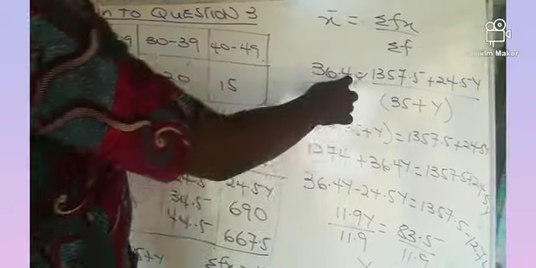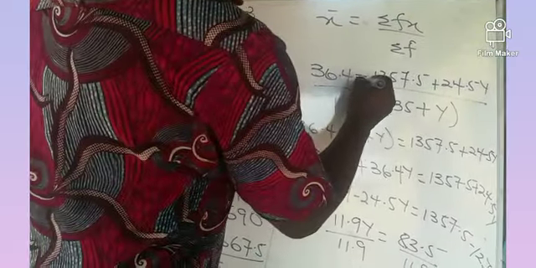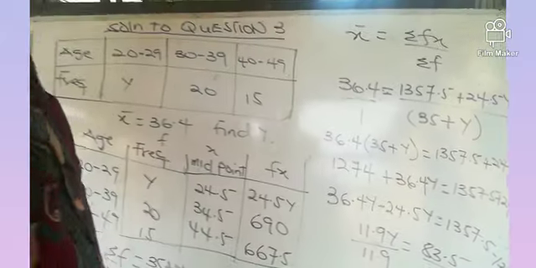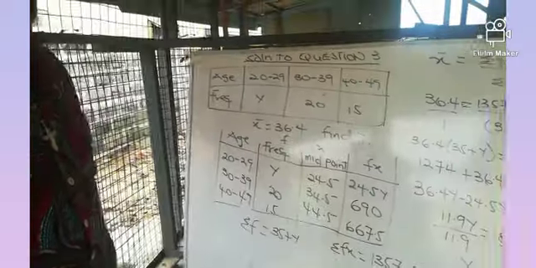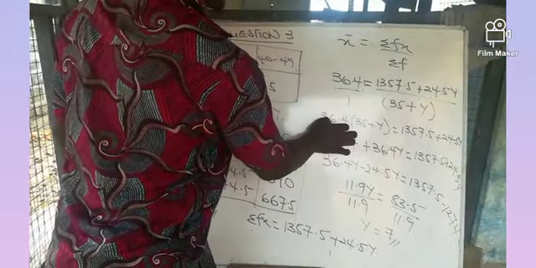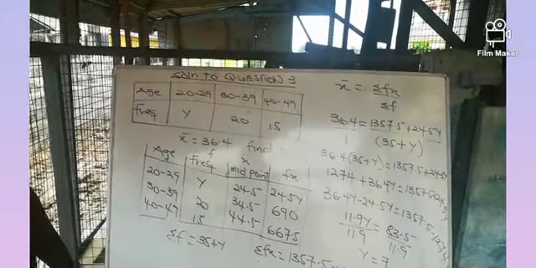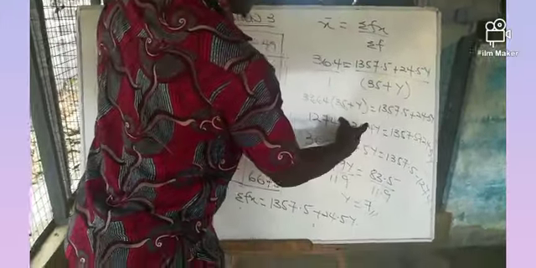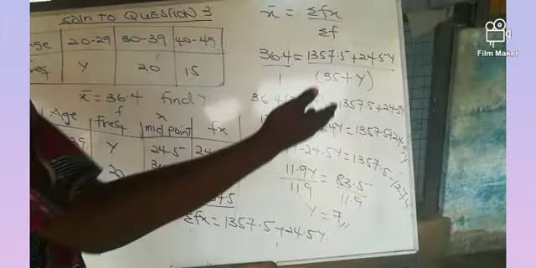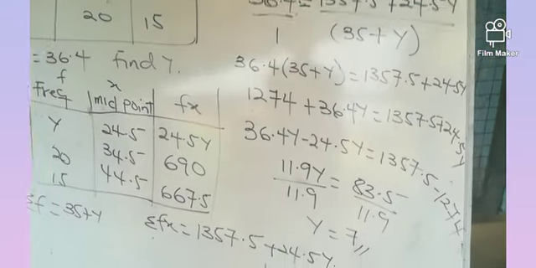You put it there. It's equal to 1357.5 plus 24.5y all over 35 plus y. So you do cross multiplication, you get this times this, it's equal to this plus this. Now you can solve this equation. Bring those with y at one side and those without y at the other side. That's what we did, and we had y to be 7.